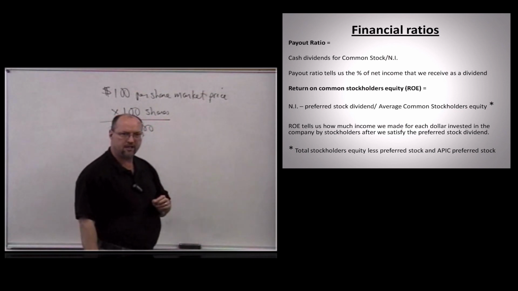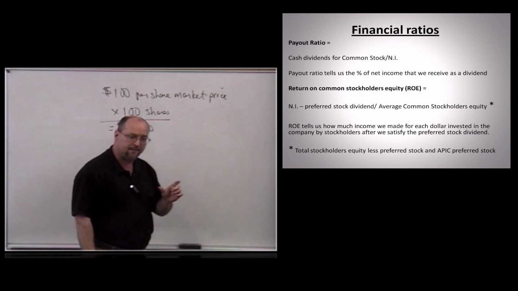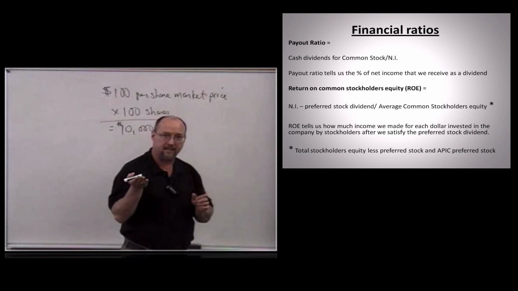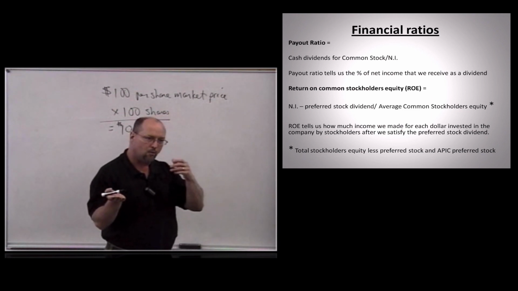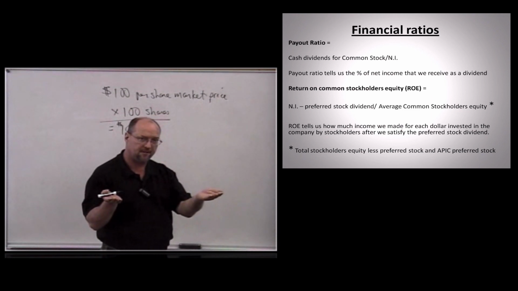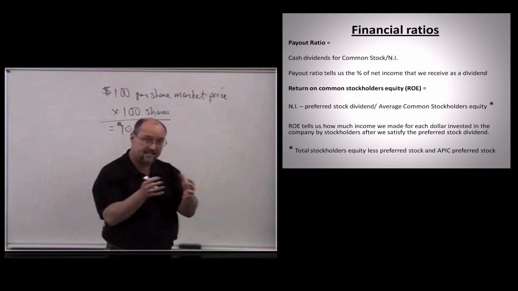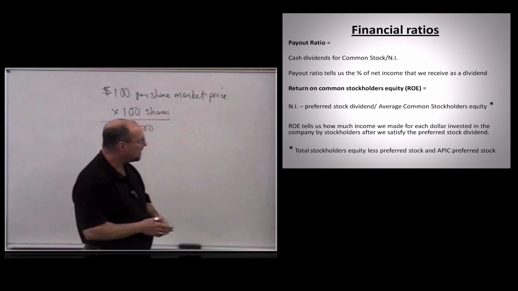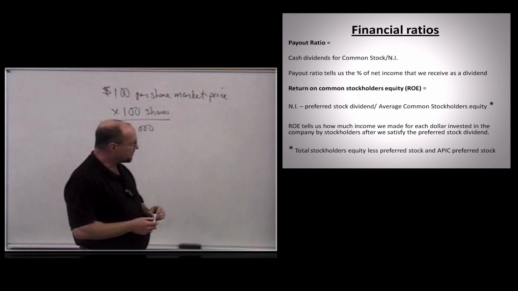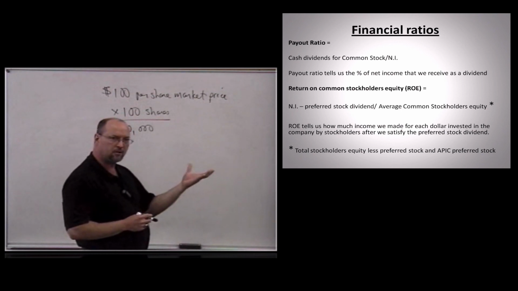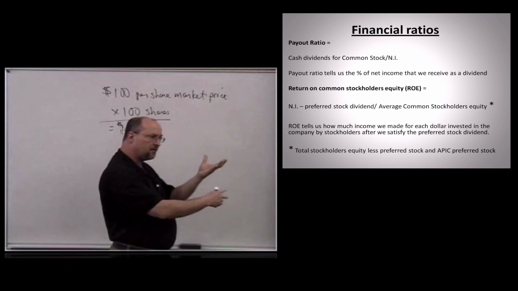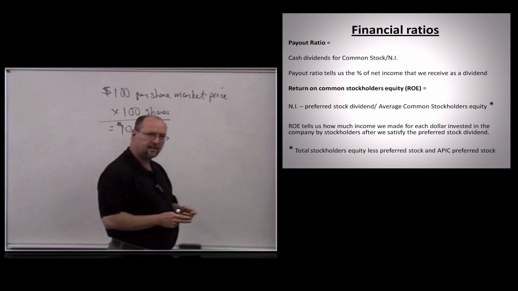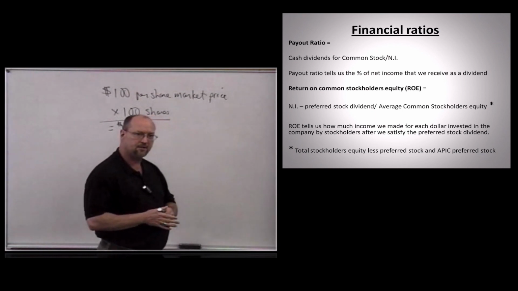Anytime you see a ratio that says average, that means we take the balance at the beginning of the year, January 1st, we add it to the balance at the end of the year, December 31st, add those two numbers together, and divide by 2. That gives you the average. And we do that here. So net income for the year minus the preferred stock dividend divided by average common stockholders' equity, and again, just take total stockholders' equity and subtract the dollar value in those two preferred stock accounts, and that gives us common stockholders' equity.